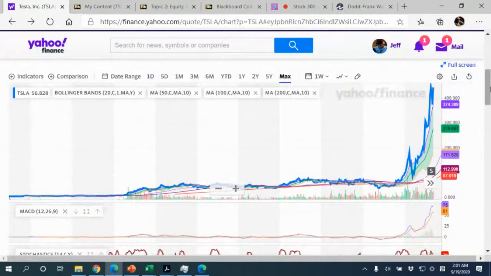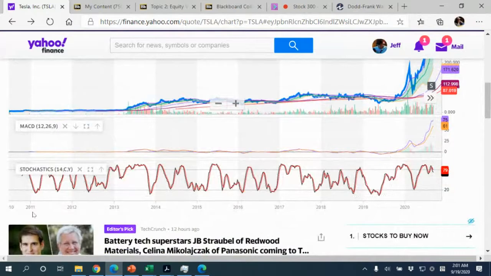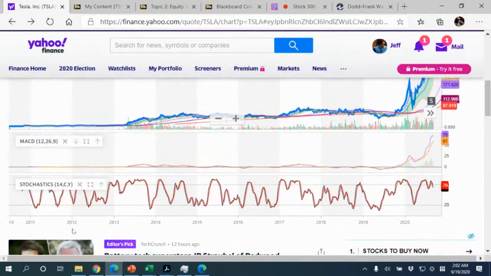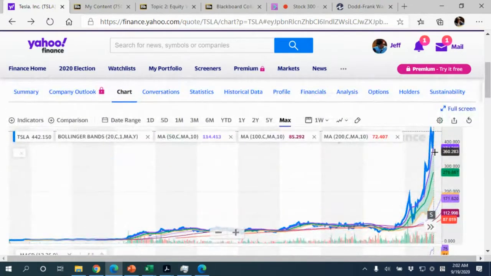Starting from 2010, 2011, Tesla has been around for at least 10 years. Around 2012, look at it. Currently, after the split, it's regained almost 450.